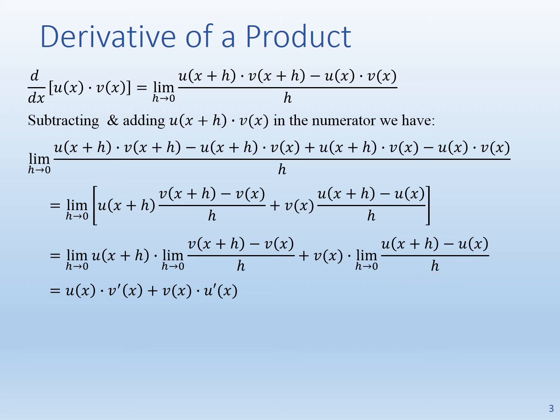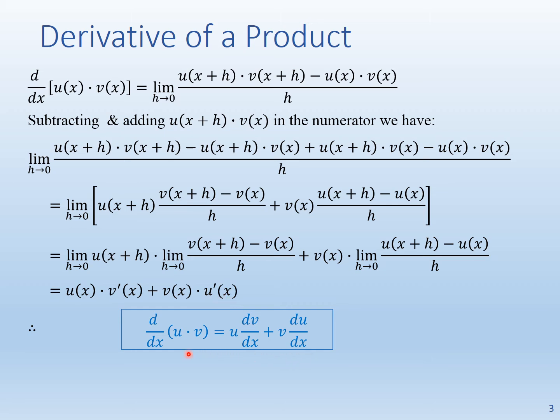So our product rule tells us that when we have the derivative of the product of two functions, both of x, we take the first function, multiply it by the derivative of the second function, plus the second function times the derivative of the first.